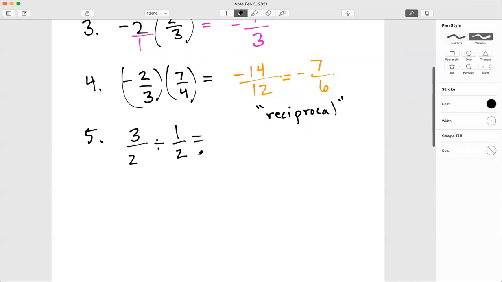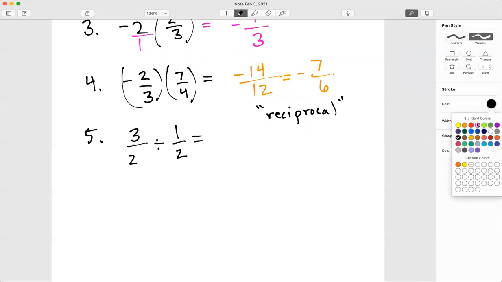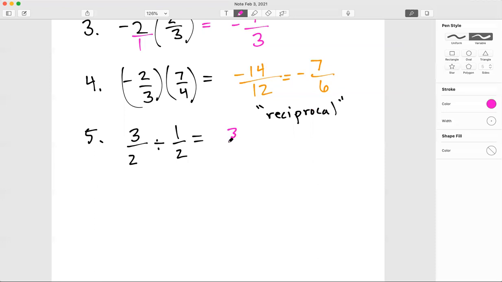So this is the same thing as 3/2, first one's the same, times 2/1, second one flips. That's how you divide by a fraction.